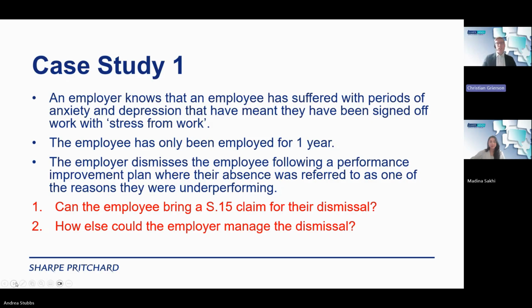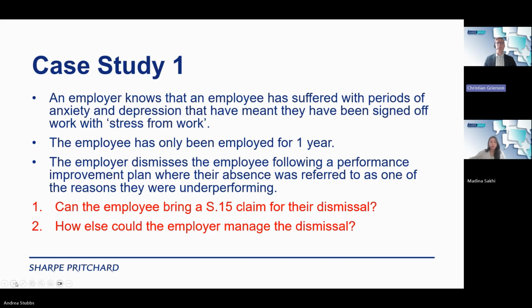Okay. So I would say that there is a risk of a Section 15 claim here, and that is because anxiety and depression may satisfy the definition of disability under the Equality Act, and it's directly linked. Well, actually, the footnote simply says stress at work.